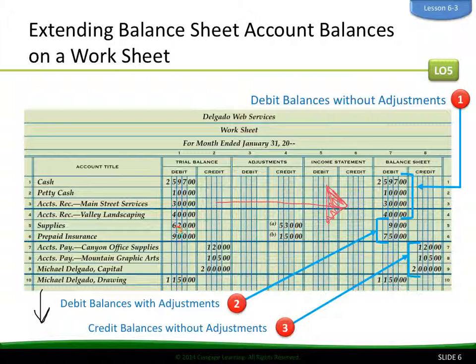Okay, 620 minus 530 is 90. 900 minus 150 is 750. Then the last thing, we have the credit balances without adjustments. So all of these just get carried over. Okay? So we're taking these columns, subtracting these columns, and writing our final.